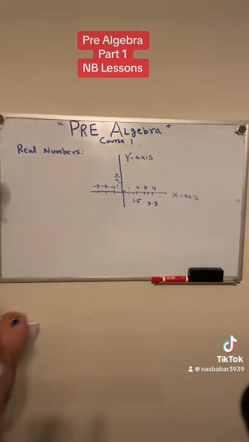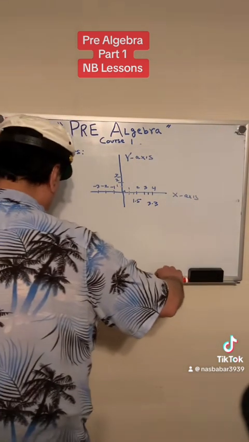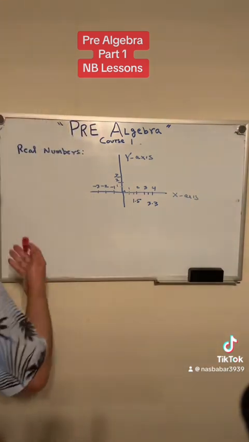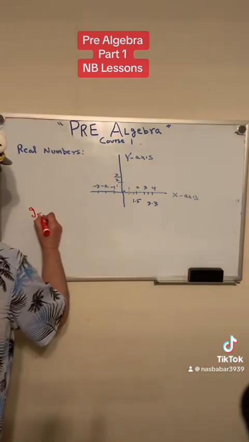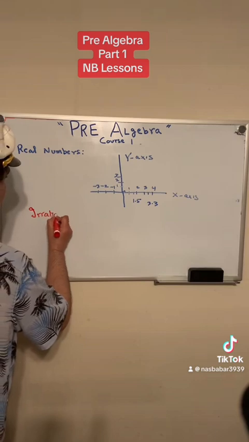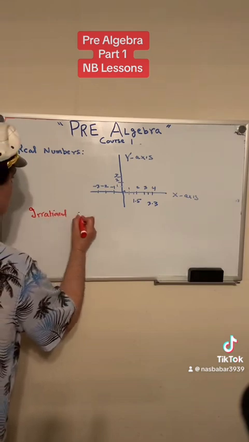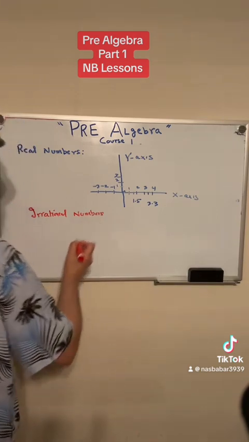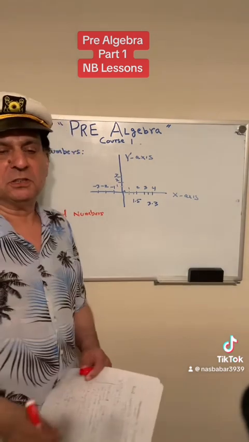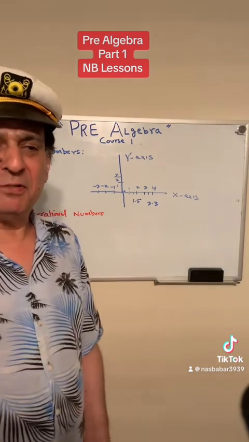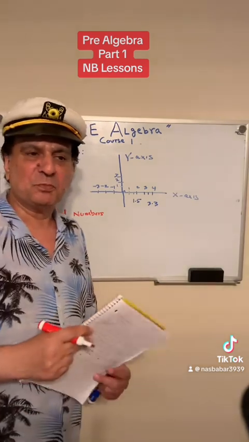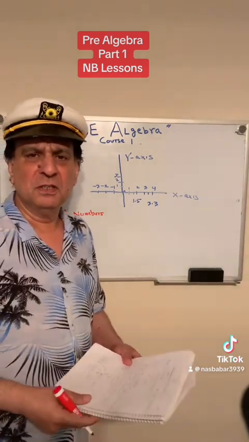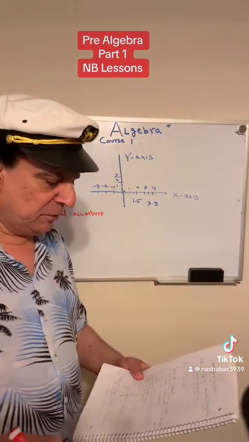Next, let's get into what are irrational numbers. As the name sounds, irrational, the numbers are irrational. In other words, they don't have any pattern, and you don't see those numbers in daily life.